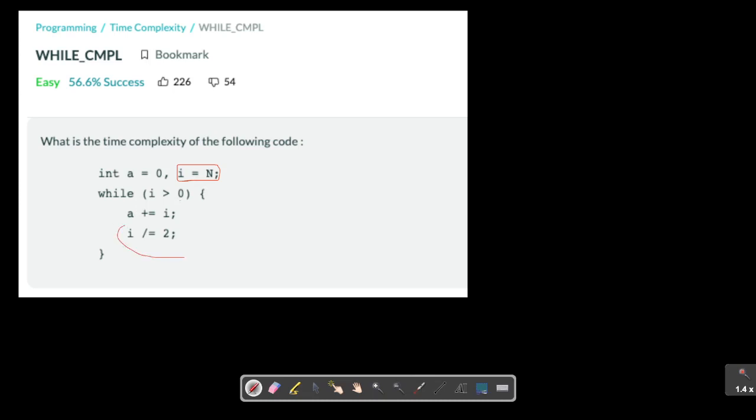Each time we divide the value of I by 2. So if we just try to dry run this code, the value of I changes from, first of all, it is n for the first iteration, then it goes down here.